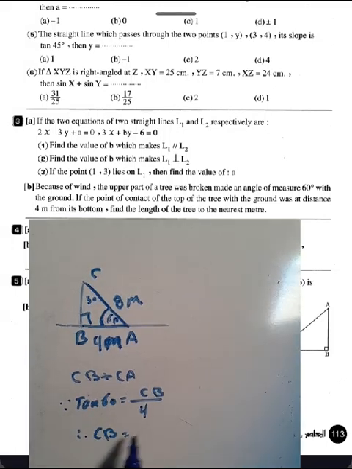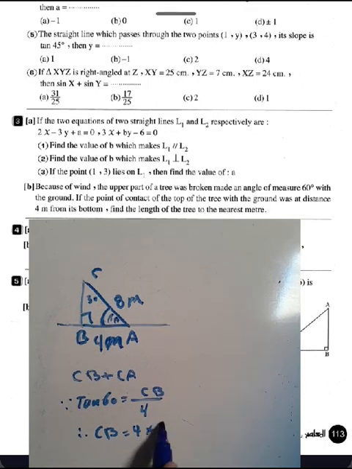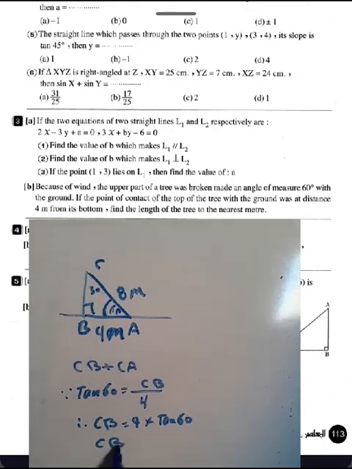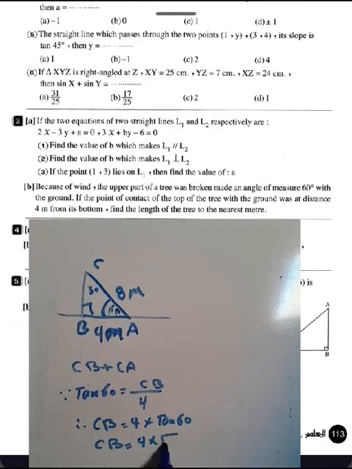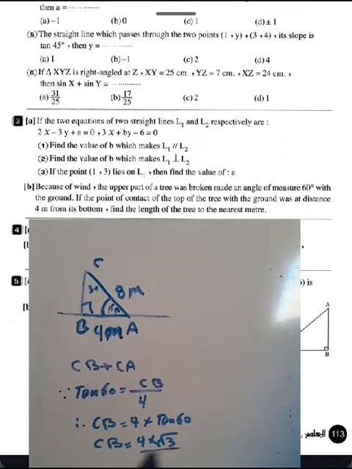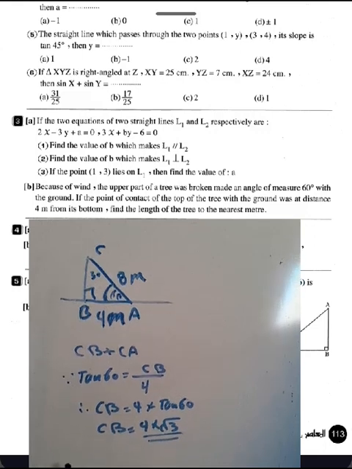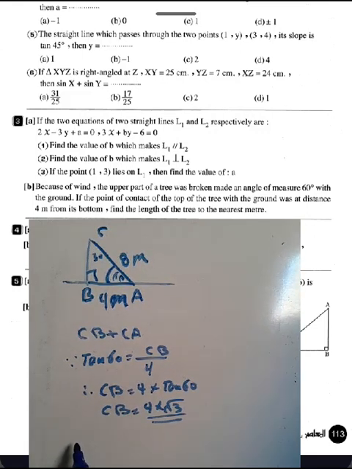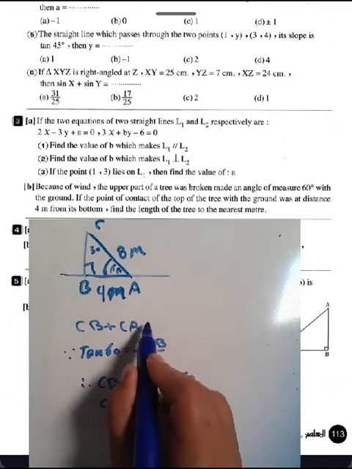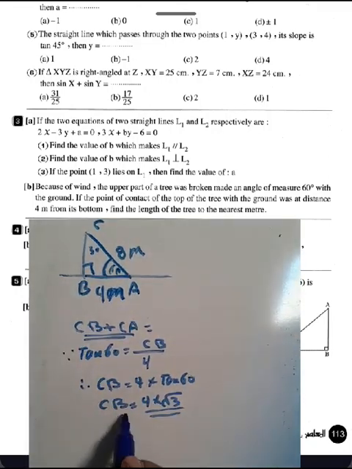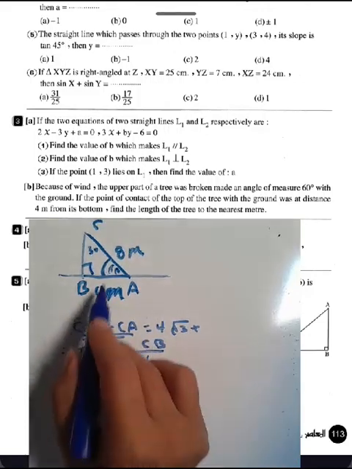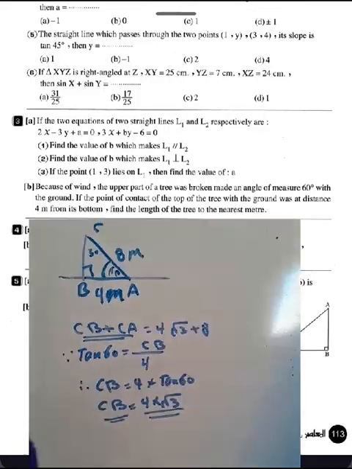Then CB equals 4 times tan 60, which is root 3, so the result is 4 root 3. You can use a calculator to find the result. 4 root 3 meters. Then the length of the tree will be CB, 4 root 3, plus CA, which is 8 meters.